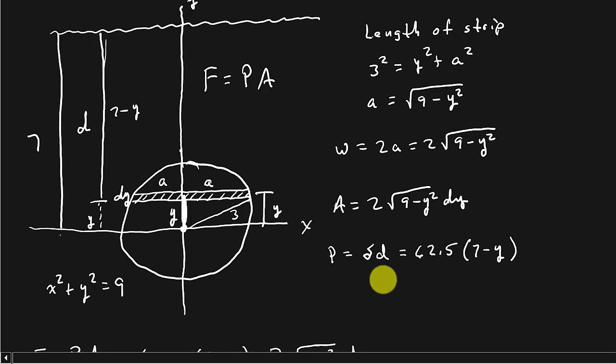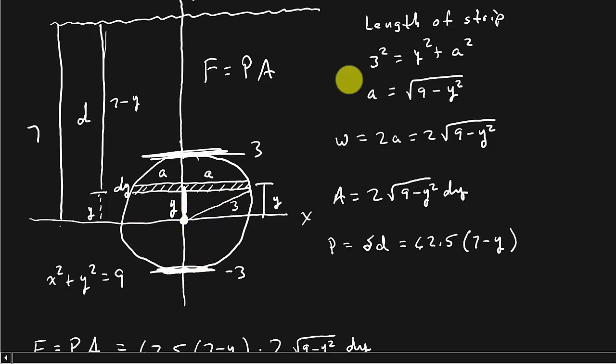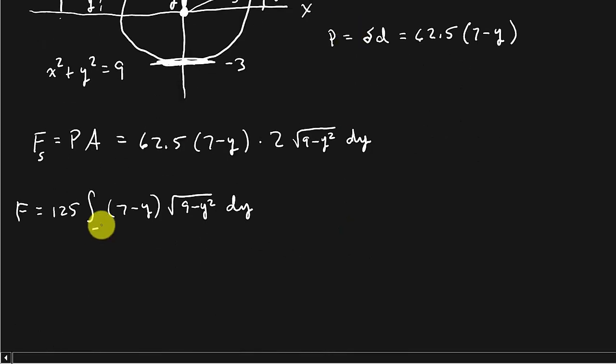Well, the part that's underwater, right? So I want to go from here to here. This is -3, and this is 3, because remember, this is 0, and the radius is 3. So I'm integrating from -3 to 3.